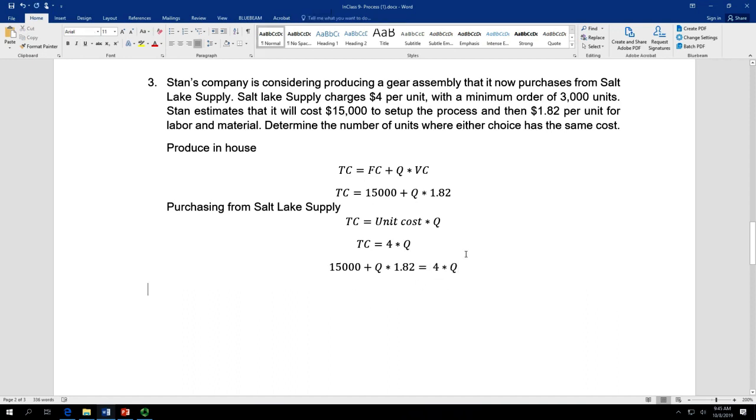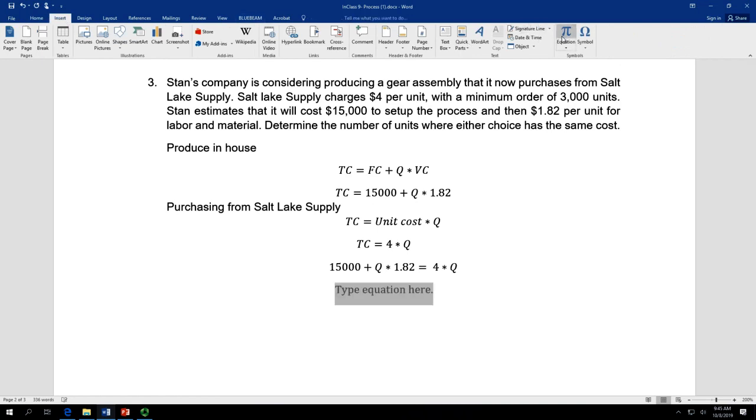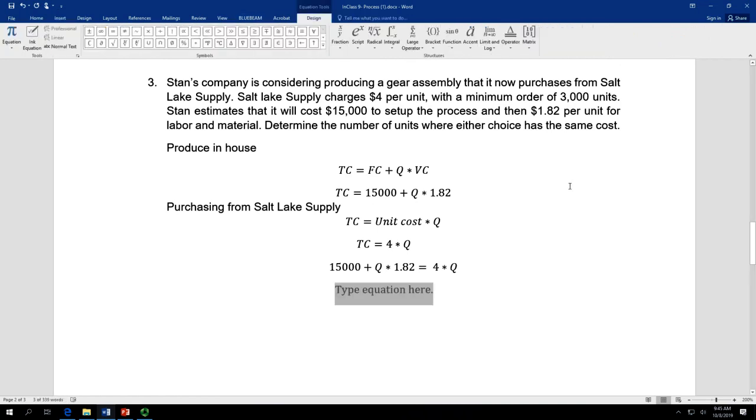So you can simply solve this equation: 4Q minus 1.82Q equals 15,000.